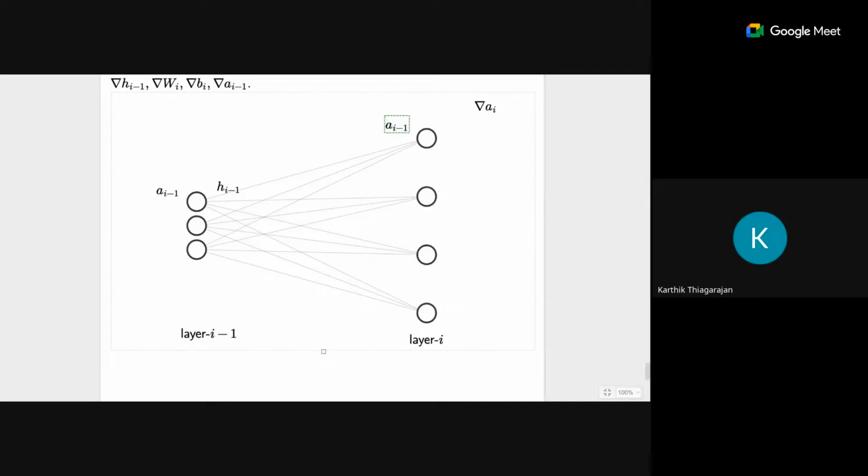So therefore, you will end up computing AI here. What this neuron will be producing as output is hi. What will help us produce this output is wi sitting here and bi sitting here. Okay, is the diagram clear so far?